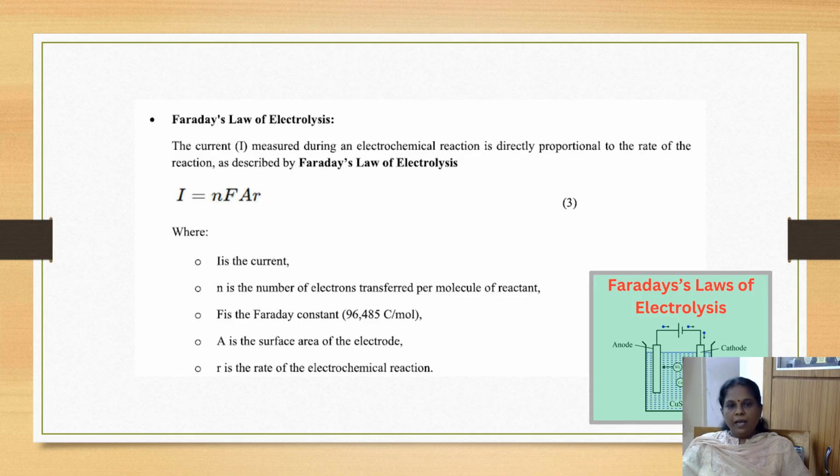I = n F A r, where I is the current, n is the number of electrons transferred per molecule of reactant, F is Faraday's constant, which is 96,485 coulombs per mole, A is the surface area of the electrode, and r is the rate of the electrochemical reaction.